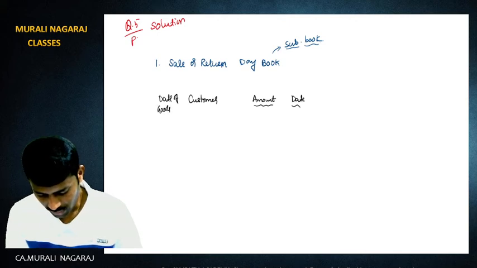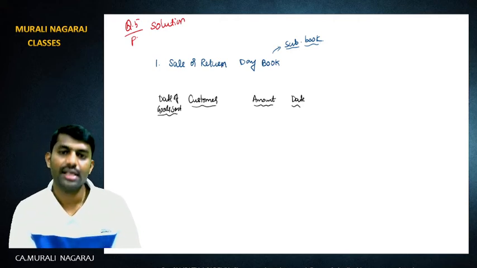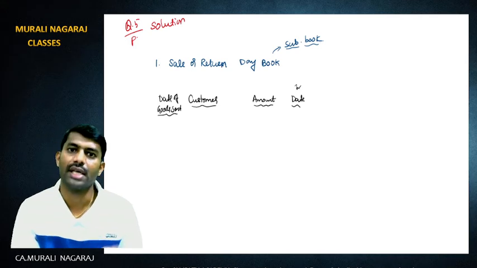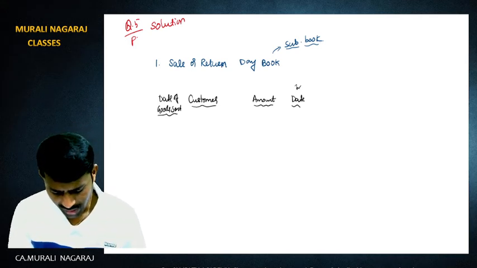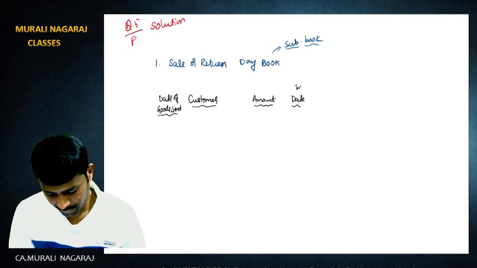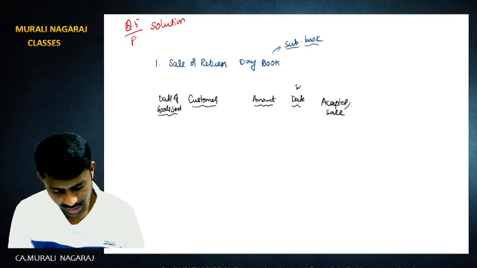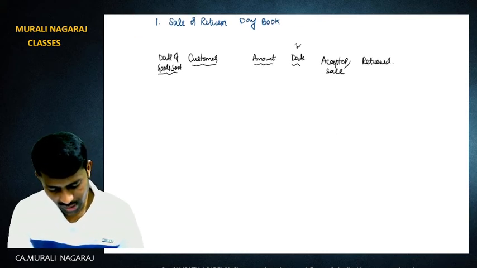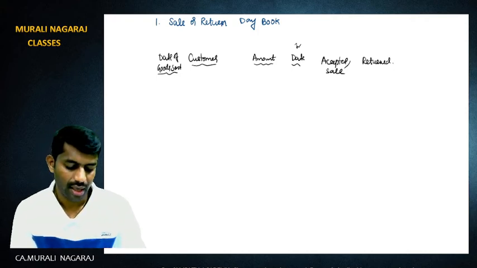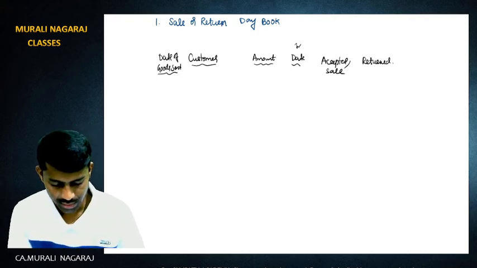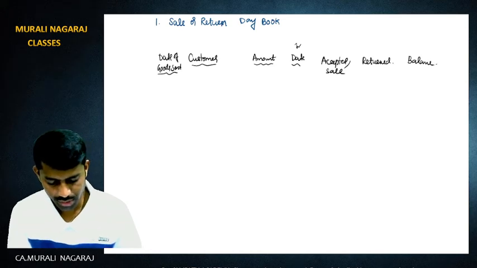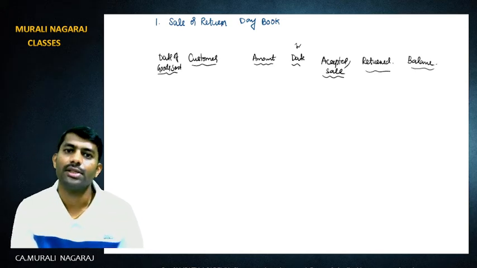So here: customer, amount, and date means the transaction date, whether it is accepted, rejected, etc. Then the columns are: accepted or sale, returned. That is sufficient. Whatever balance is there, you can open that balance too, which we call stock with customer.